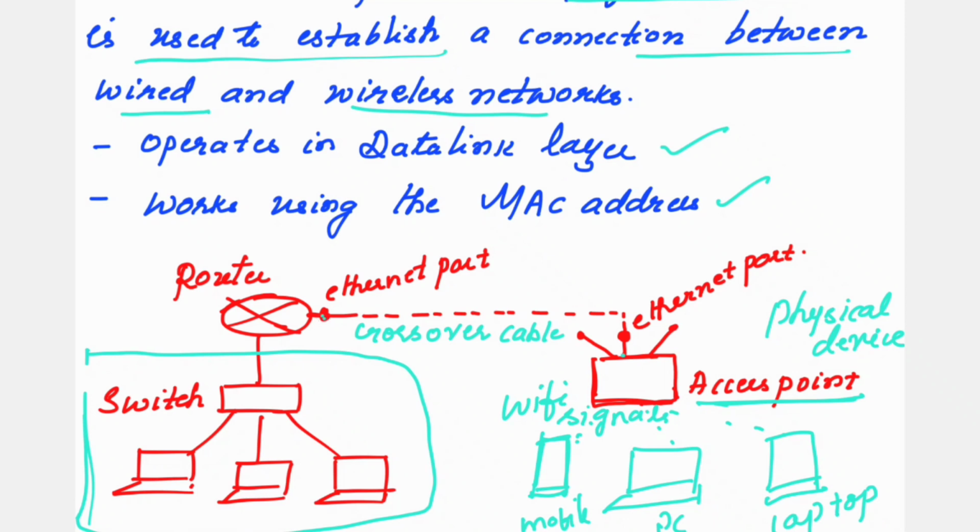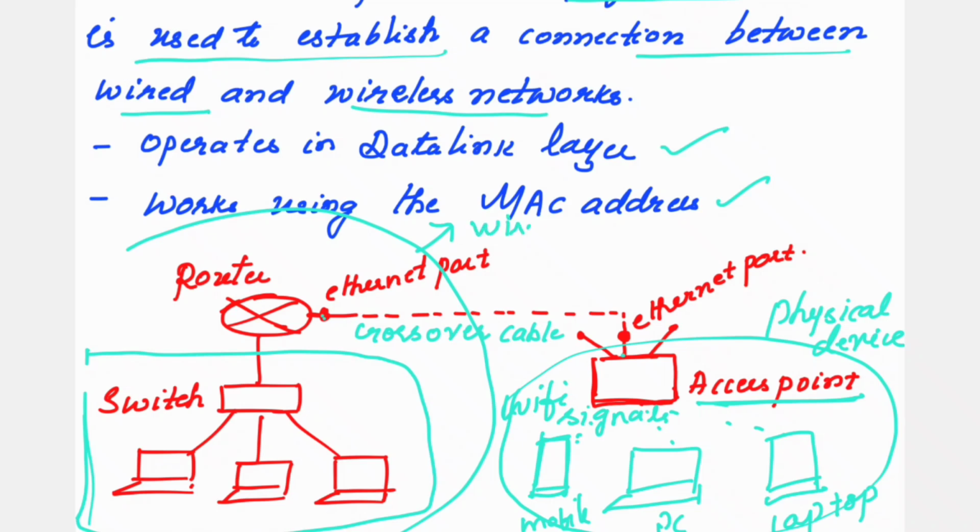So basically what I wanted to tell you is, here is your wired part and this is your wireless. You have a wired network this side and a wireless network this side. Whenever we say that we are having a wireless connection, without a wired connection it is not possible to get it. The reason is that the wireless connection comes from the wireless access point, and this access point is in turn connected to the interface of the router.